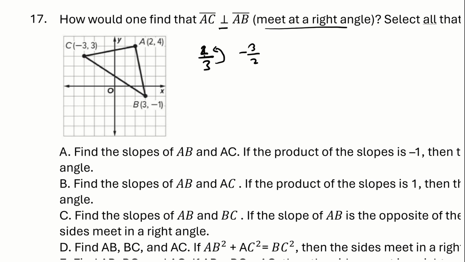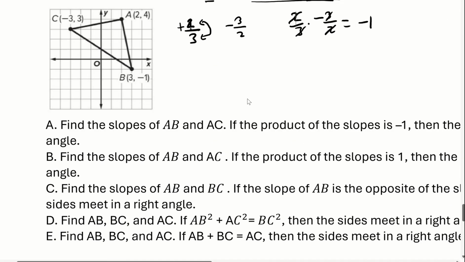You have to flip it and then switch the sign, from positive to negative, or negative to positive. So if I have two slopes, one of them is 2/3, the other one's -3/2, then they must be perpendicular lines. So that's one way. In other words, if I multiply the two slopes, I get -1. So that's one test to see if you have a right angle.